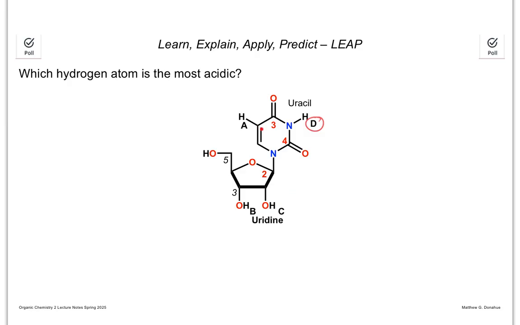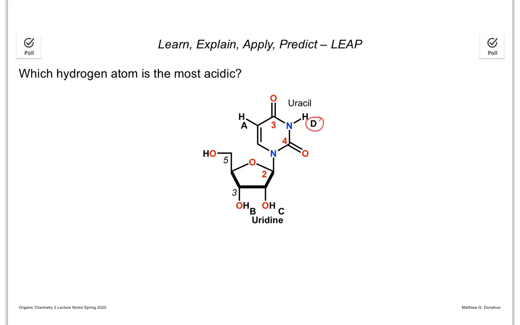A is bonded to an sp2 hybridized carbon, so it's like an alkene. Its pKa is around 40, 45. D is bonded to this nitrogen. And so if you deprotonated that, the negative charge could be delocalized into that carbonyl or that carbonyl.